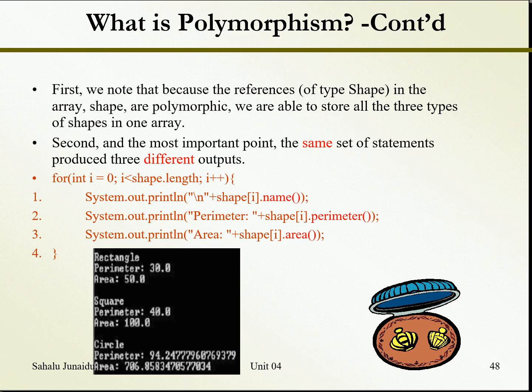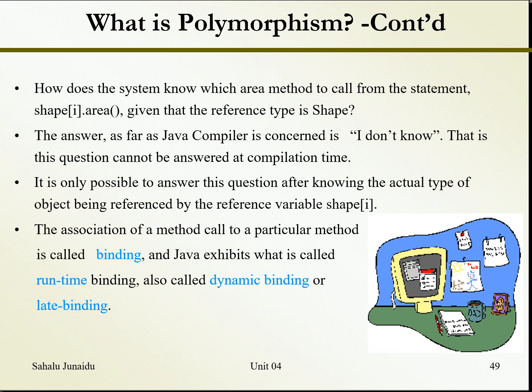We can create an instance of the rectangle, which we know is strictly of type rectangle, and it's also a shape. But now we are enjoying the concept of polymorphism by creating different kinds of shapes and storing them all in one single array. And with one single loop, we can have everything created. So even if we have 1,000 instances, we can loop through to access them with their properties. So this is basically what it is.